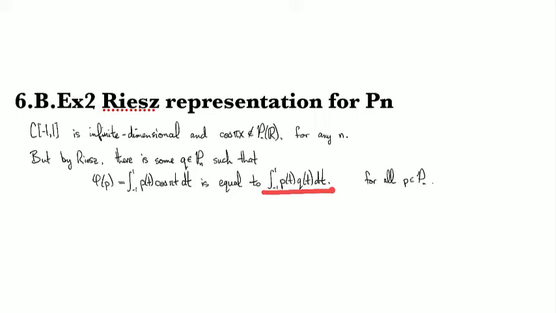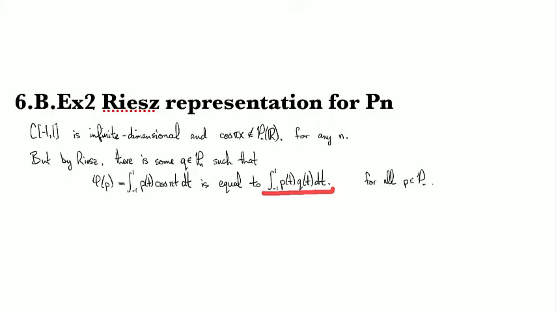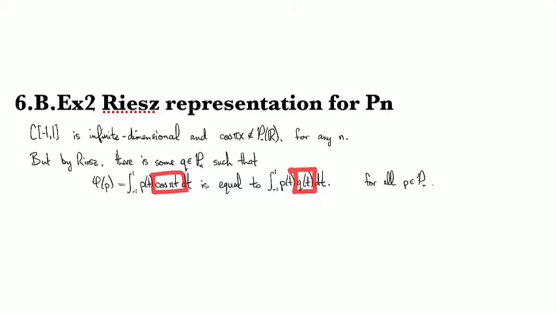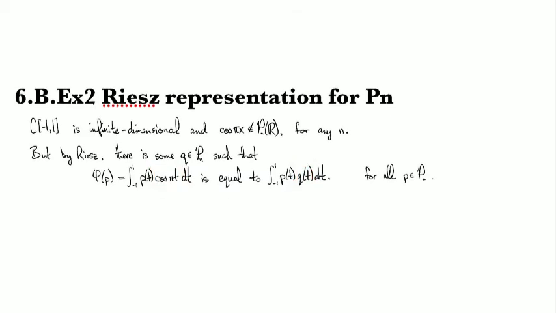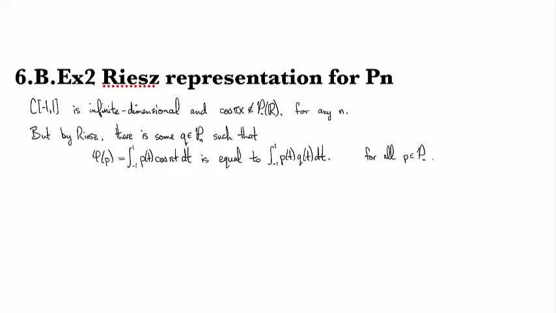So this is a crazy thing here. This is like saying that from the point of view of Pn, Pn cannot distinguish between this cosine function and this polynomial function. So that's pretty loopy, pretty weird.